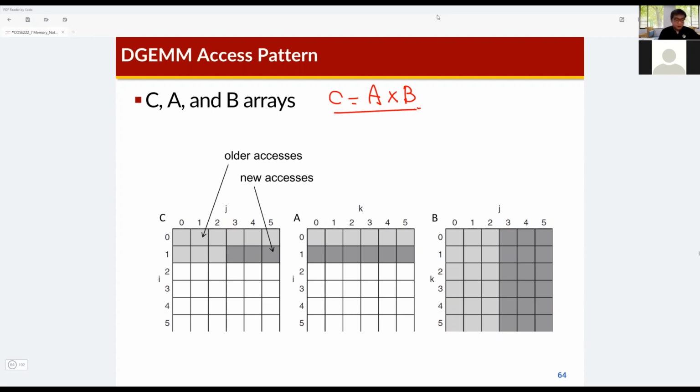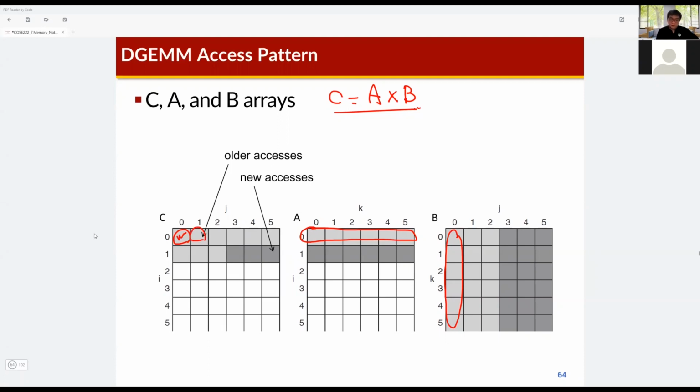So in order to compute the value of this element, we need the first row of matrix A, and then one column of matrix B. Then we can calculate the value of this element.